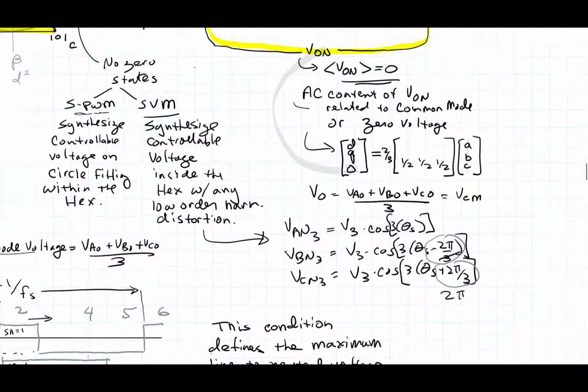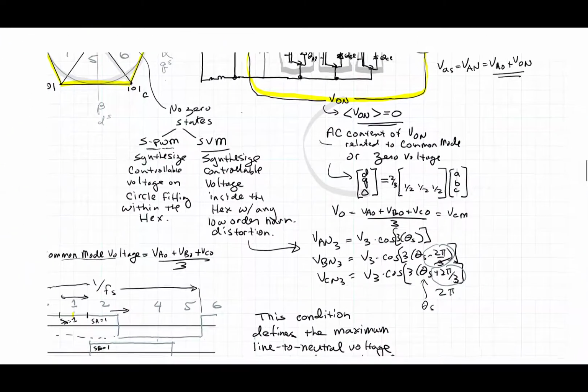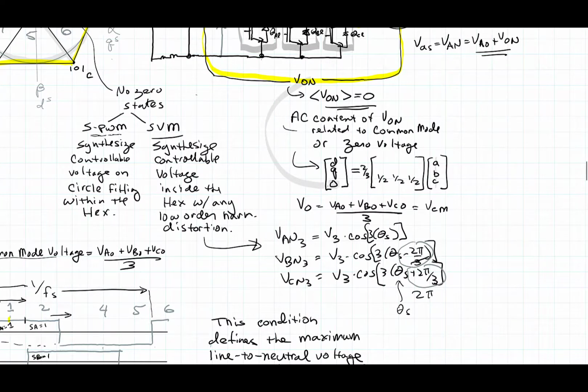They don't add up to anything at the frequency of theta s. So if you sum these triplet harmonics that are produced once you introduce a third and you sum them up with all the other harmonics, essentially the currents in the motor don't see the third harmonic.